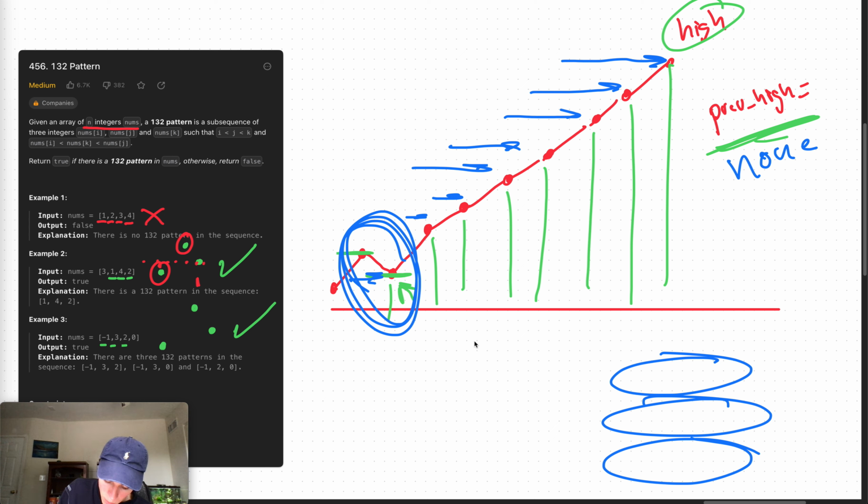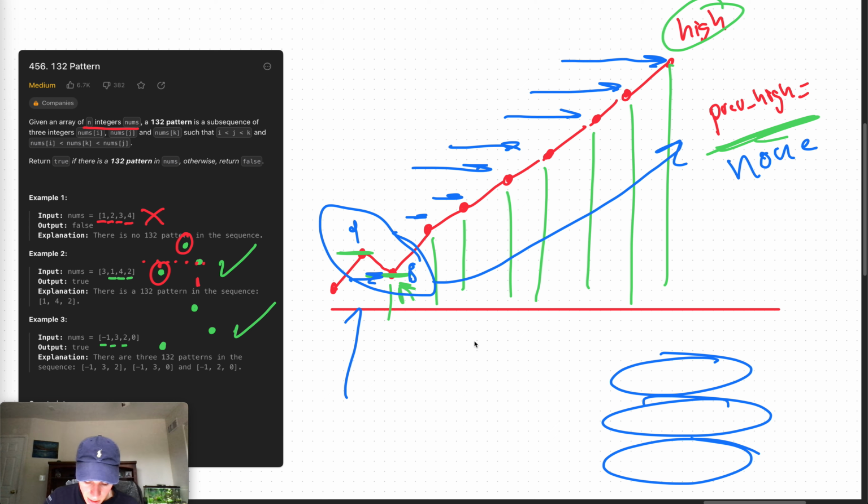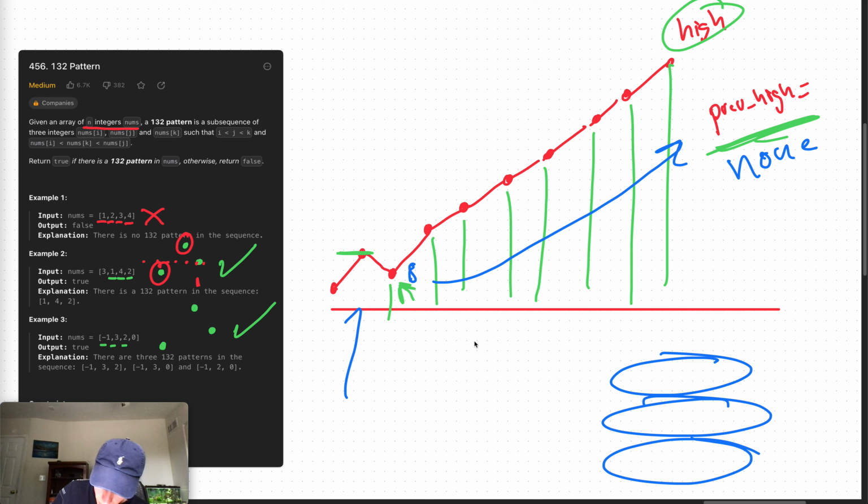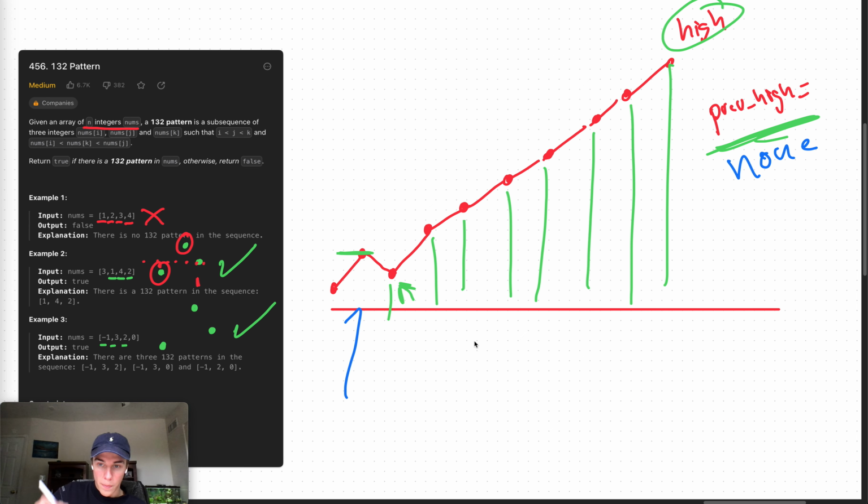Then we would have to pop this eighth element in order to remove it for the ninth. But when we do that, eighth would be going to previous high. And so actually, let's just look at what the elements would be in the stack and how the stack would look throughout this journey.